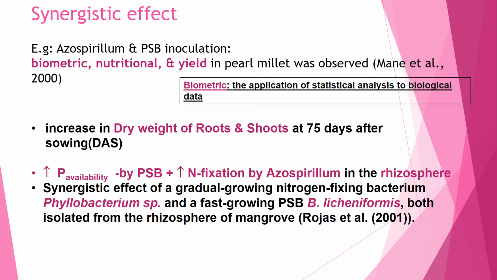And then azospirillum can increase the nitrogen fixation. Yeah, it's a nitrifying bacteria in the rhizosphere. So both of these increases of N and P exert the synergistic effect, causing the plant to grow better. Okay, and then it was found that both of these azospirillum and PSM were isolated from the mangrove.